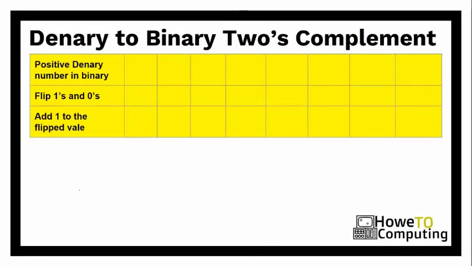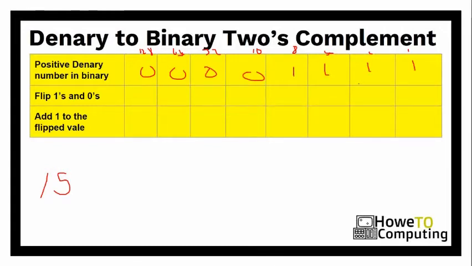Let's say we're going to figure out the binary of 15. We do 1, 2, 4, 8, 16, 32, 64, 128. So it'll be 0, 0, 0, 0, 1, 1, 1, 1.